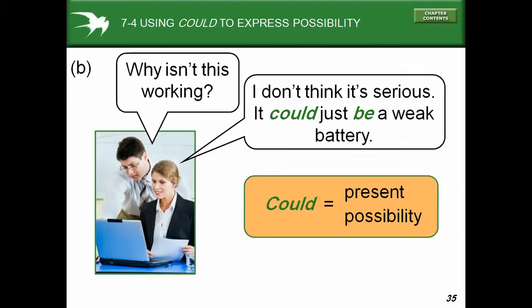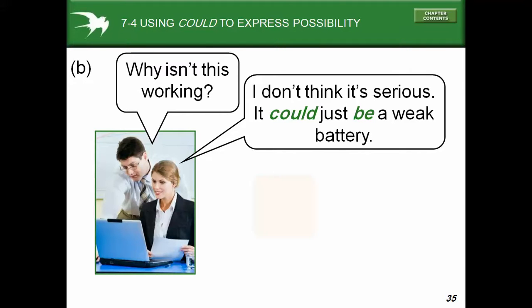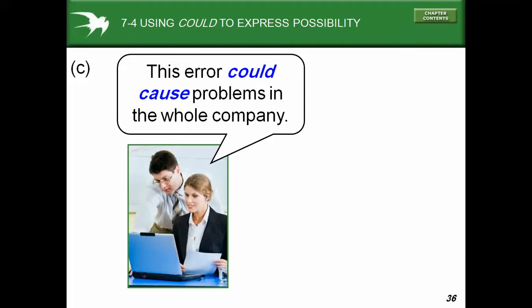You remember the last sentence, present possibility. So could here is present possibility, and could here is future possibility.